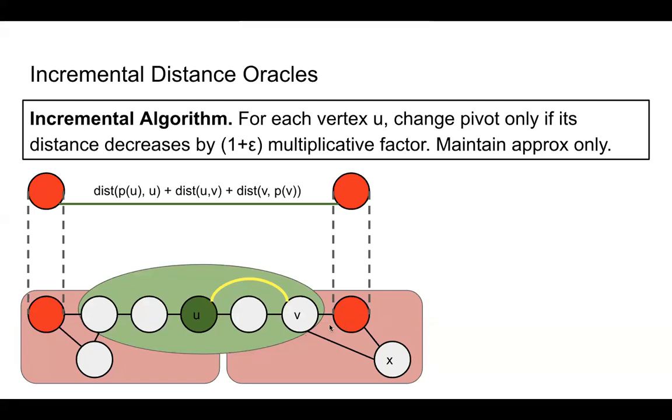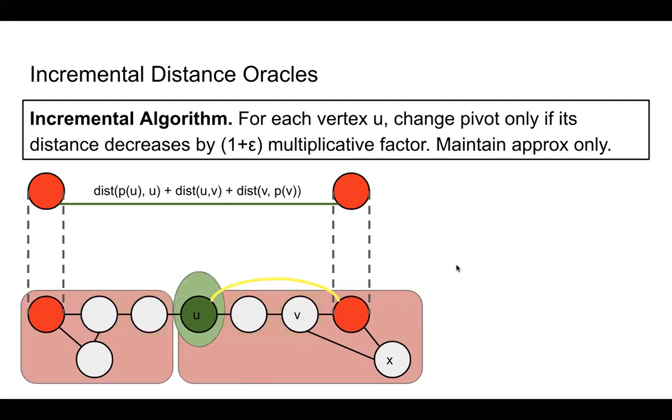But we'll not make it the pivot of u just because of that small decrease in distance. Instead, this will not really change our distances and our edge rates at all, unless the edge goes rather directly and the distance between u and the next pivot, or some sampled vertex that is not the pivot of u yet, moves significantly closer to u.